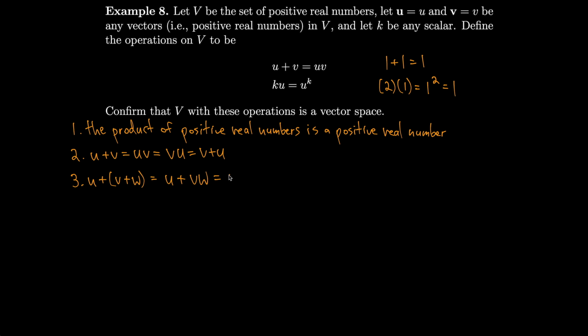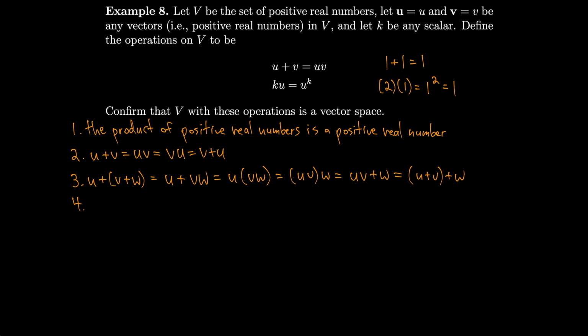So that's u times vw. And then regular multiplication is associative, so that's uv times w, which is uv plus w, which is the same as u plus v plus w. So it makes sense that addition is associative because regular multiplication is associative.